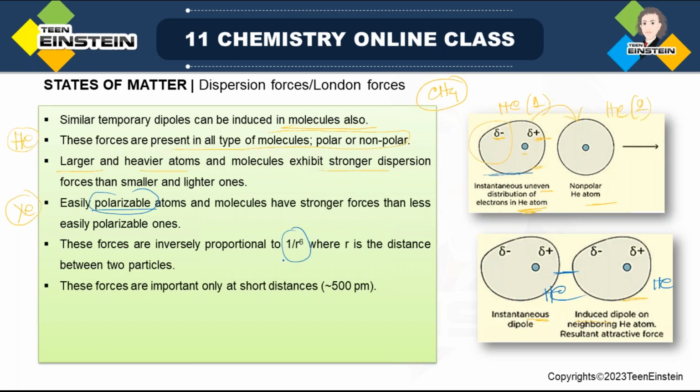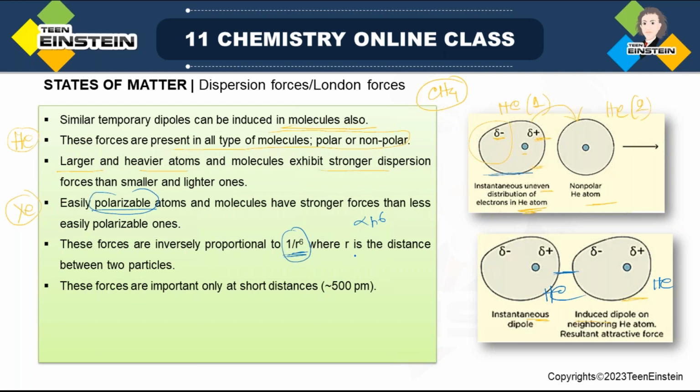It is proportional to 1 by R6, where R is the distance between two particles. Basically, it is inversely proportional to distance. Don't think it is directly proportional to R6, because it is already given as 1 by R6.